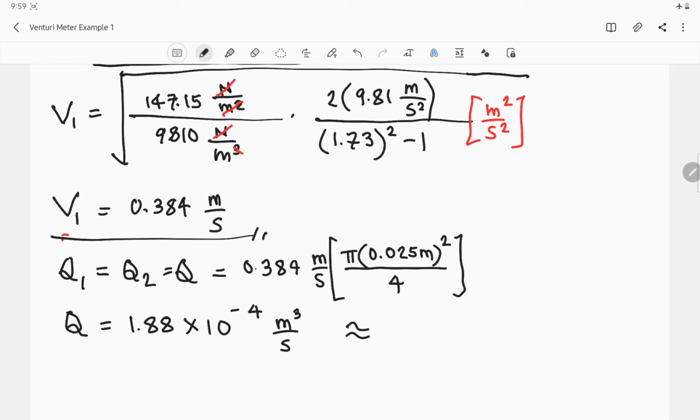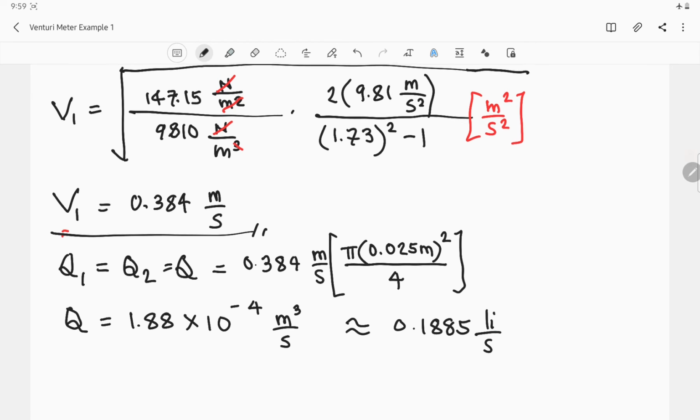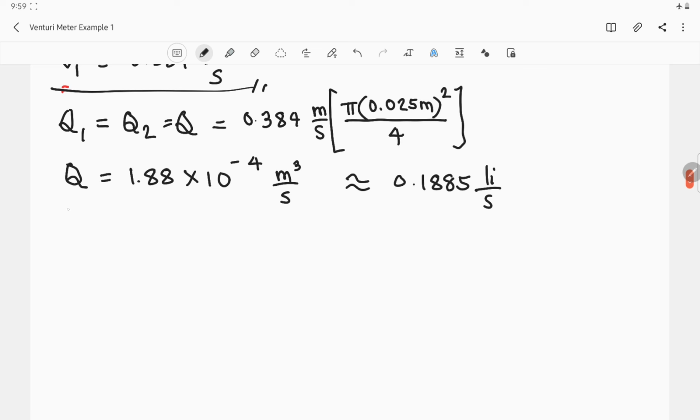Multiplying by 1,000, that's roughly 0.1885 liters per second. So that's the Q. This is actually the theoretical Q.